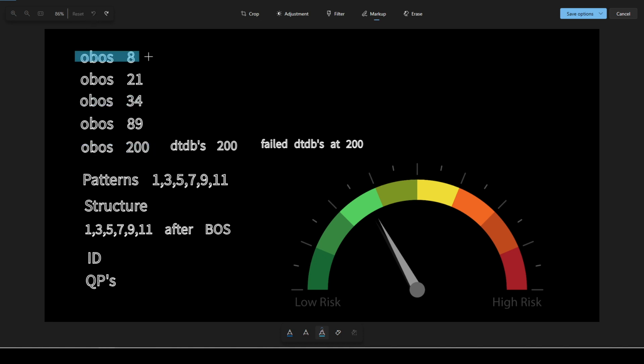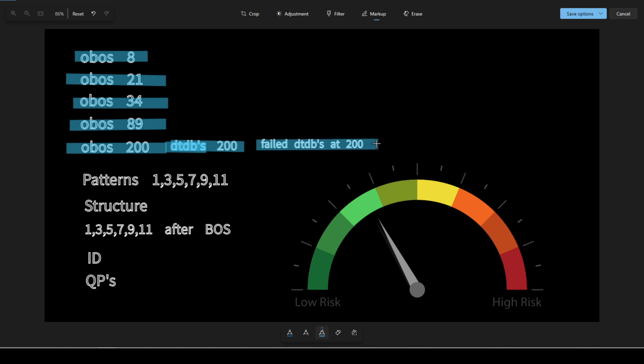We'll go over all these setups, and on each chart we'll see if we have any of them. We'll also look for double tops and double bottoms. Double tops and double bottoms around the 200 are particularly good, as are failed double tops and double bottoms at the 200. We'll get into that.